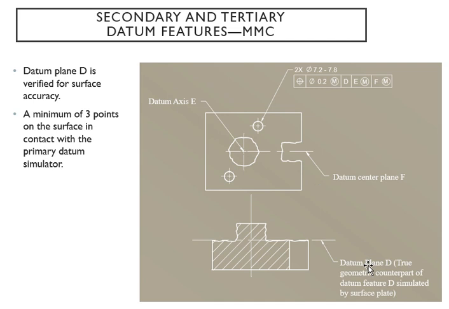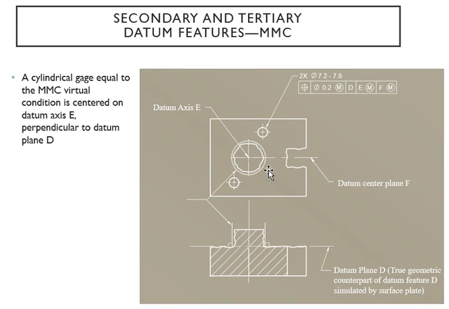Then datum D is verified for the surface accuracy. You need a minimum of 3 points because it's a primary datum. Those points have to be in contact with your datum simulator, which is usually a tool or equipment. And then your cylindrical gauge.